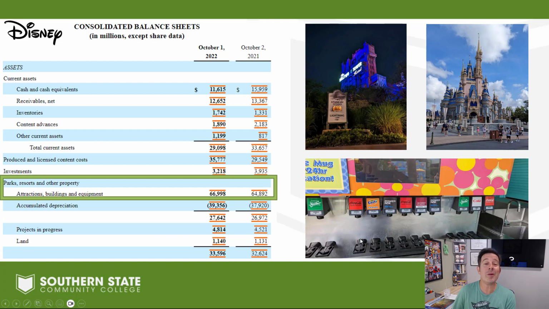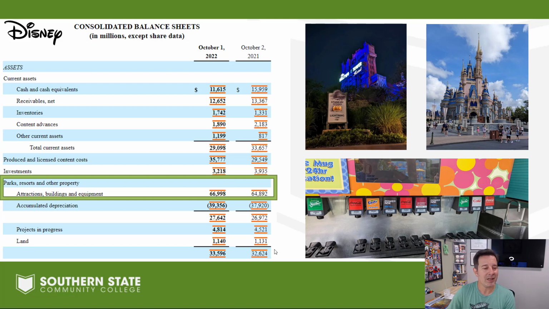Here's a picture of some equipment at Disney World, the old soda fountain that they have at the hotel. They've got those all across the property in the different resorts and restaurants. That would be an example of equipment. And so you take all that stuff together. Disney has paid a total of $67 billion for the buildings, for the property, for the equipment.